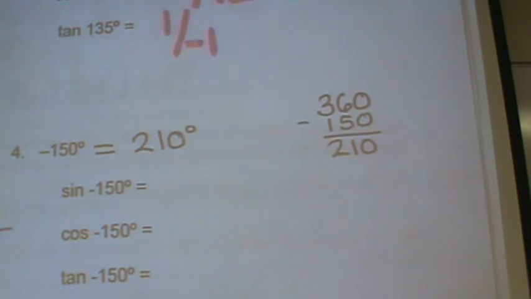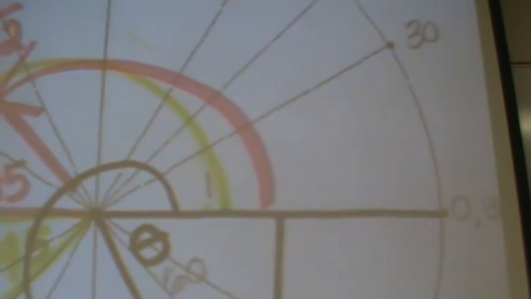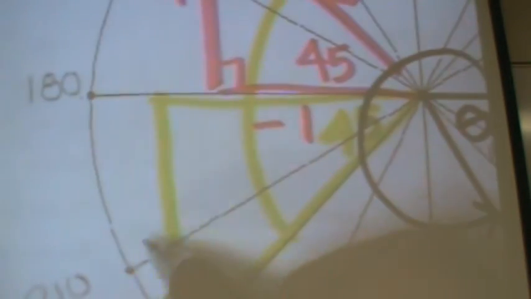So a -150 degree is the same as a 210 degree angle. They are coterminal. All you do is add 360. I always like to go in this direction. So here's 210.